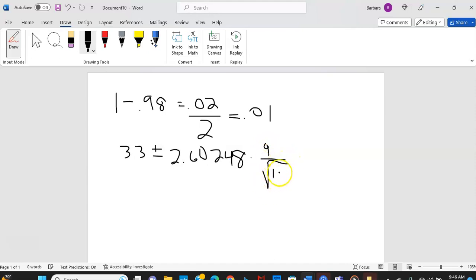Now, let me mention also this particular question is asking us after we simplify this part right here, and I'll leave that to you, then put your answer in as 33 plus and minus that decimal.